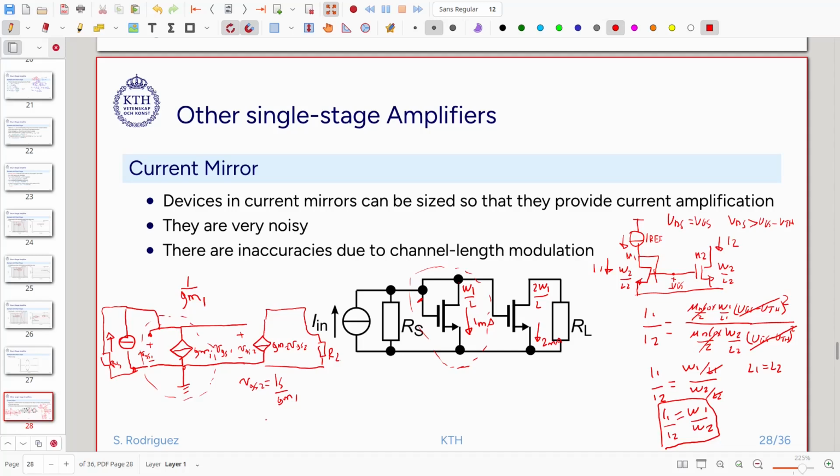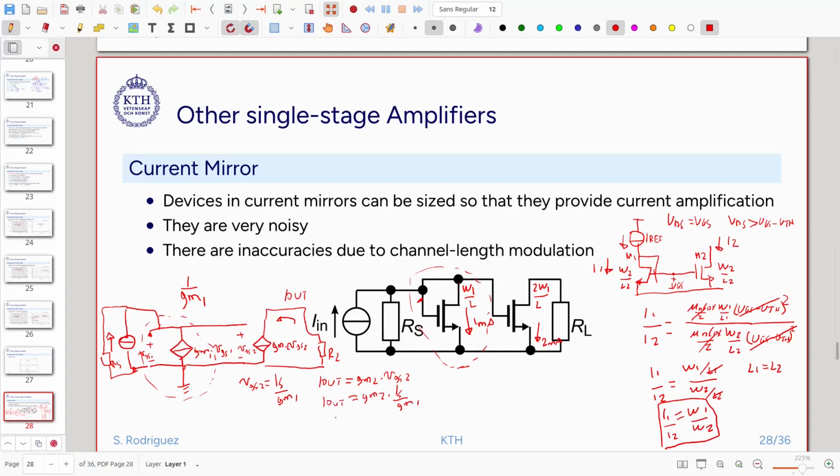Okay, so this current is transformed into this voltage, and then the output current that I have here, iout, will be equal to gm2 times vgs2, and this will be gm2 times is divided by gm1.